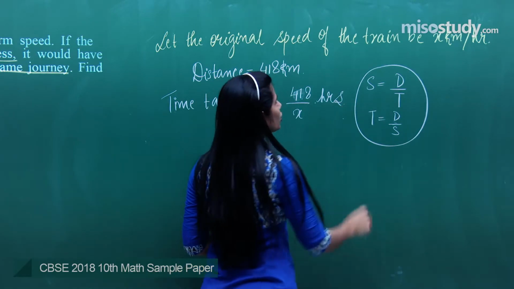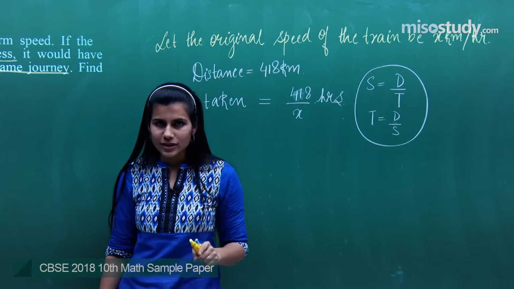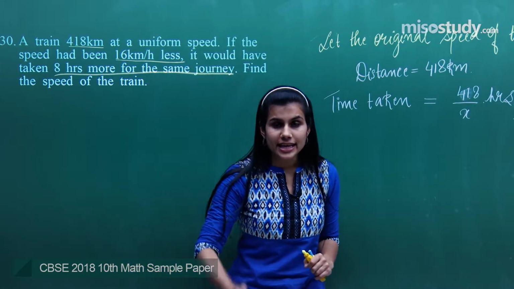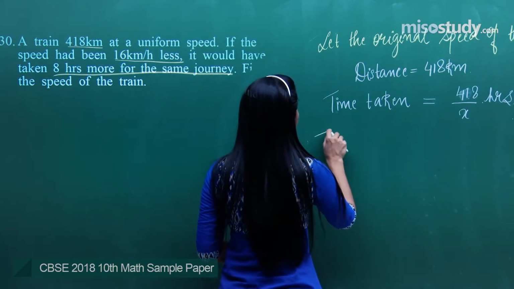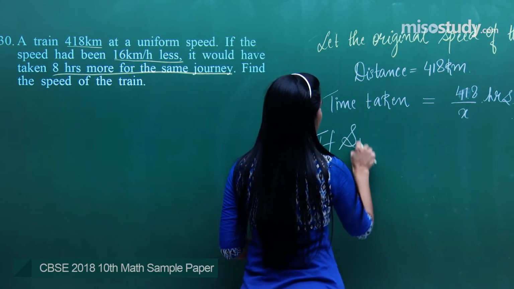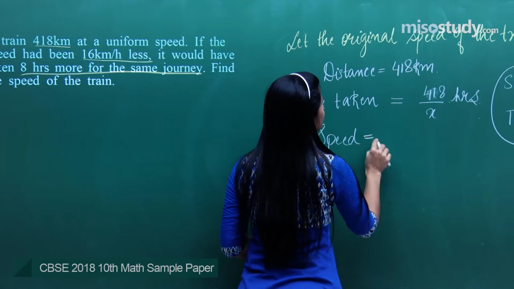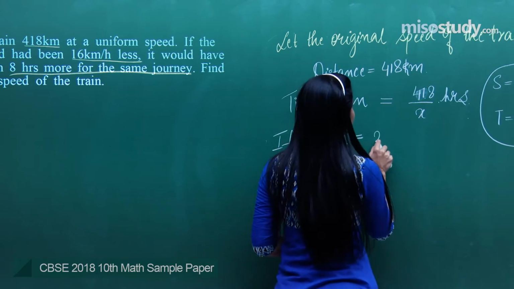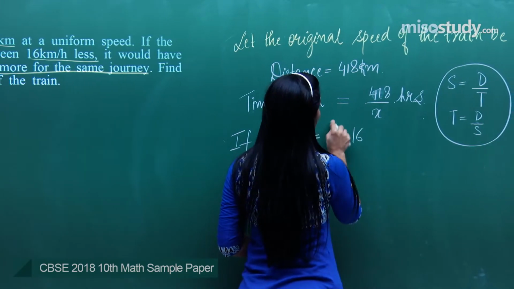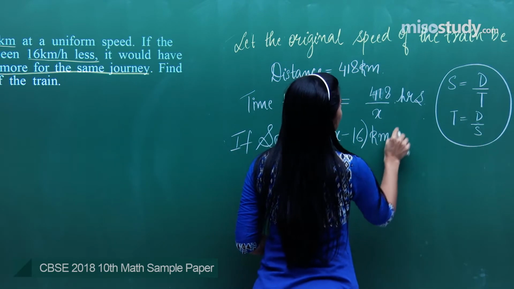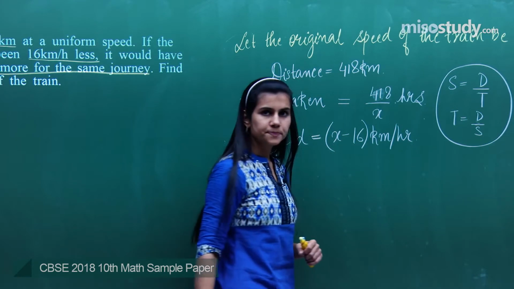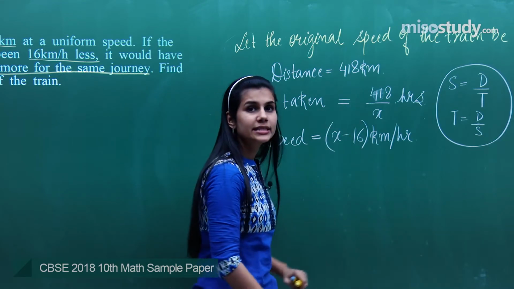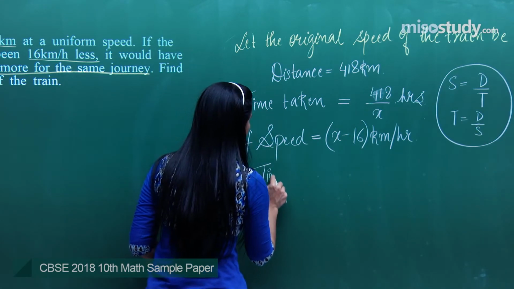Once this is something known to me, let's proceed with what the question says. It says if the speed is 16 kilometers less than the original speed. So, original speed was x, 16 kilometers less than the original speed. If this is my new speed, the same distance will be covered in how much time?